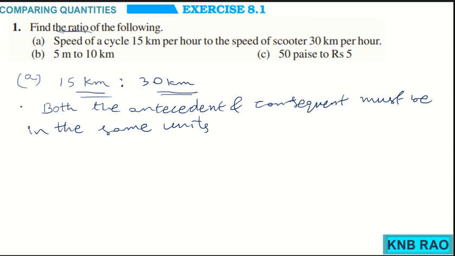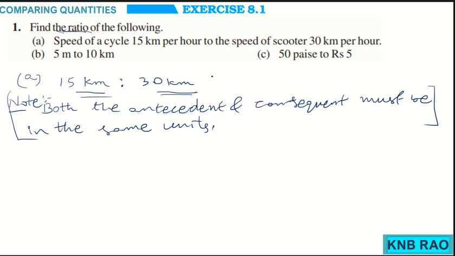So this is one of the important notes which you have to remember before you go for finding ratio. Once you find the ratio, after that the ratio will never have units. Before finding ratio, both antecedent and consequent must be in the same units. That is what you have to remember.